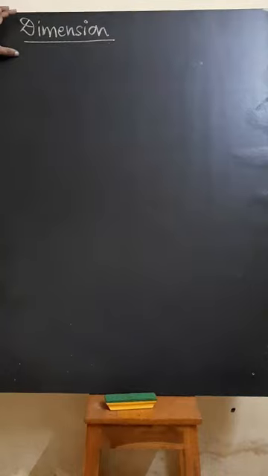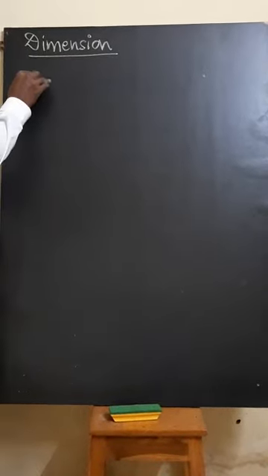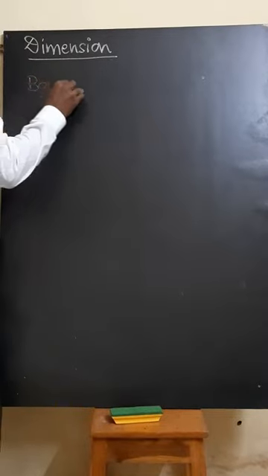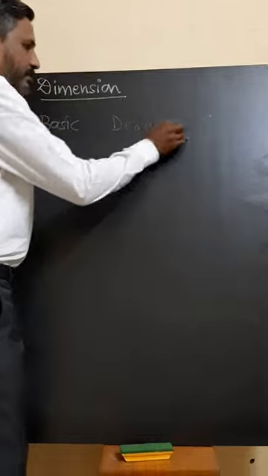From the first chapter, units and dimensions, the second and major part of the chapter is dimension. Dimension is for the basic physical quantities and the derived physical quantities.